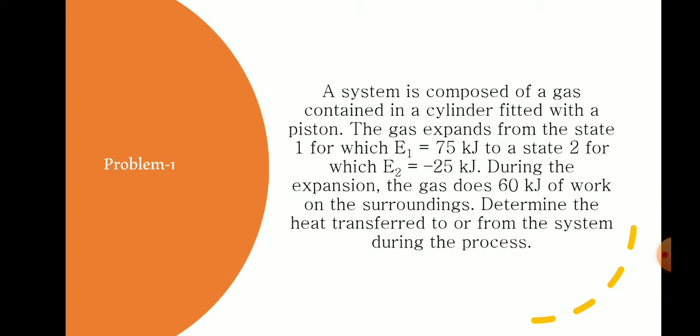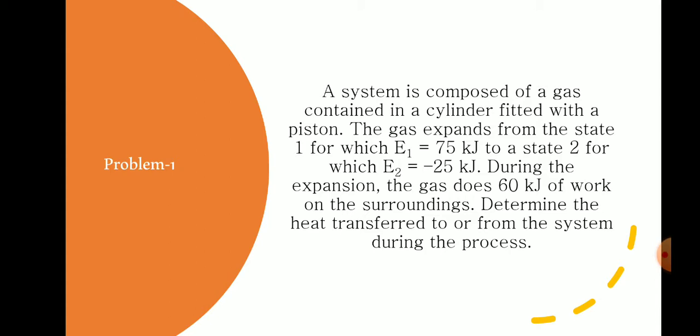Next, read the second sentence: during the expansion, the gas does 60 kilojoules of work on the surroundings. This means work on the surroundings, which means work is done by the system, also called work output from the system.